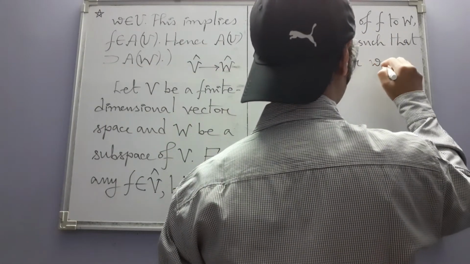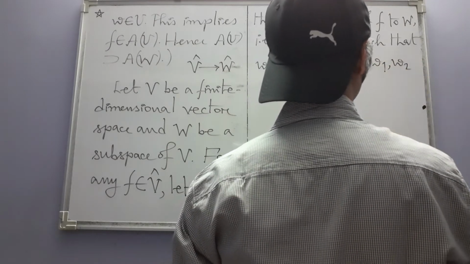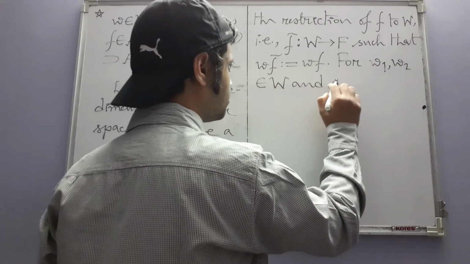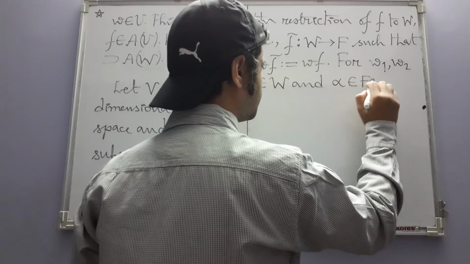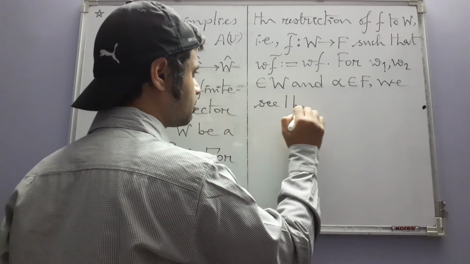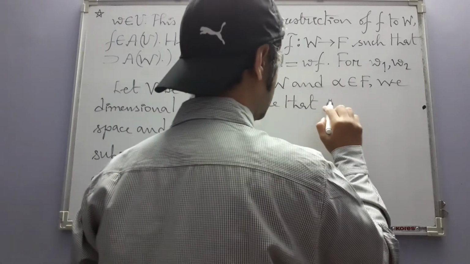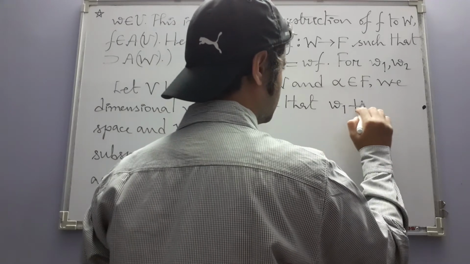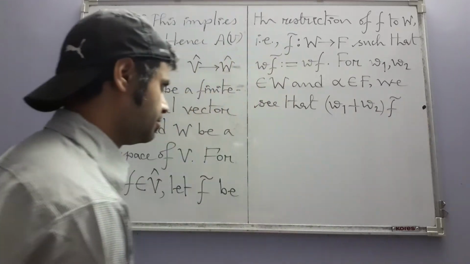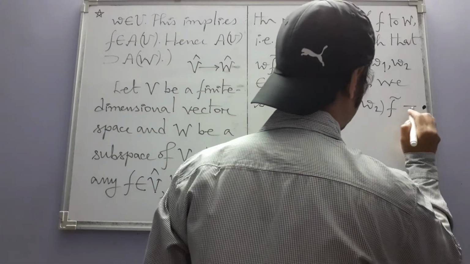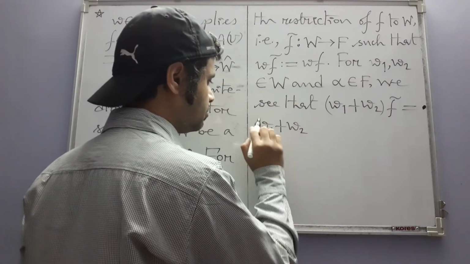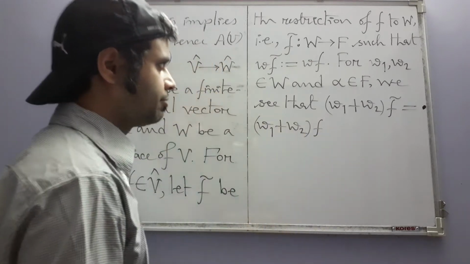For w1 and w2 belonging to W and alpha belonging to F, we see that (w1 plus w2) f tilde is going to be equal to what? (w1 plus w2) f, by definition of f tilde.